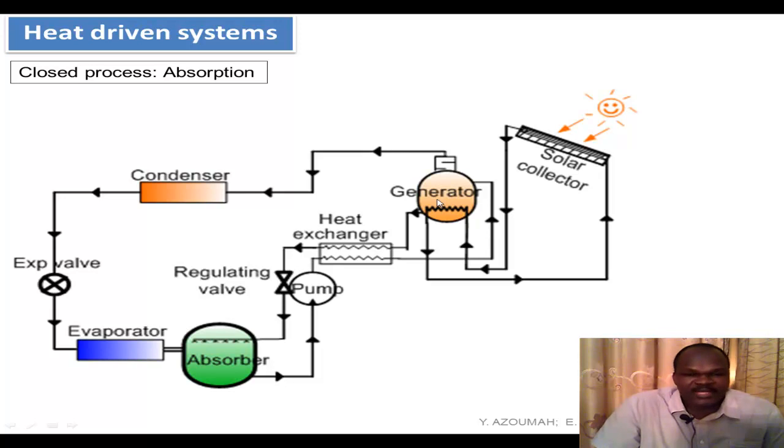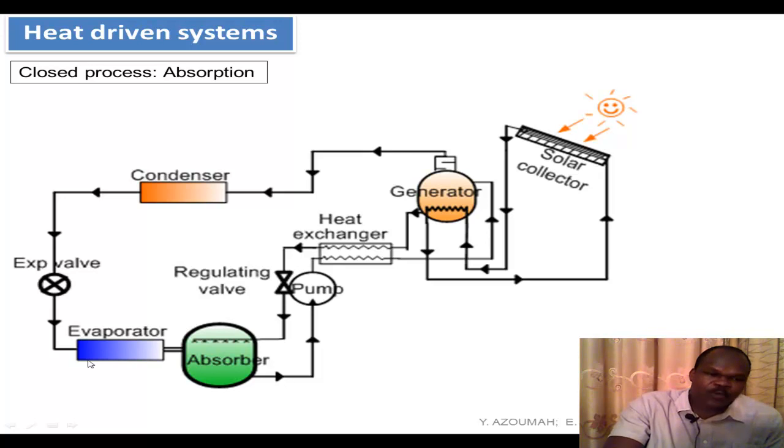So you make sure they have different boiling points, so you provide the heat and then you separate the absorber fluid, and that will come back to its initial point, okay?